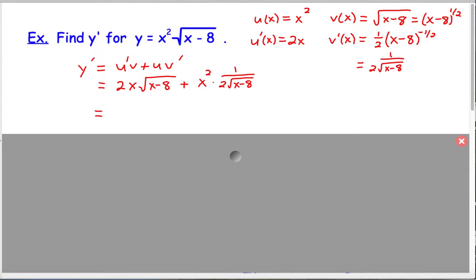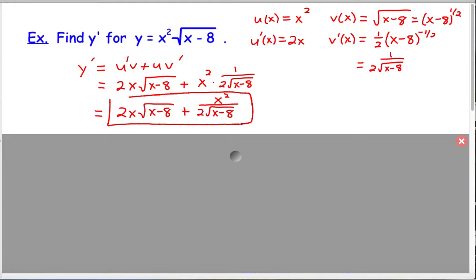There's several ways we could write that, but since I'm using the square root in the first one, I'll probably write the second one as a fraction with 2 square root of x minus 8 in the denominator. If you want to write it with fractional exponents instead of radicals, that's fine, but they're all equivalent.